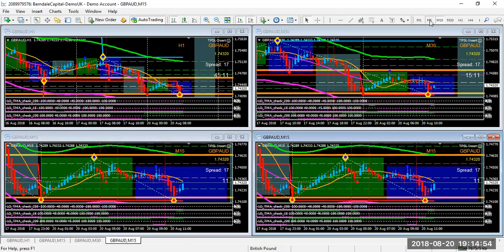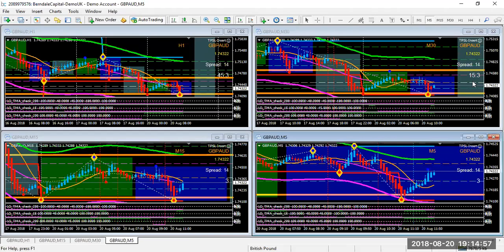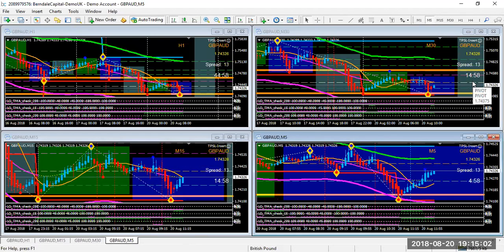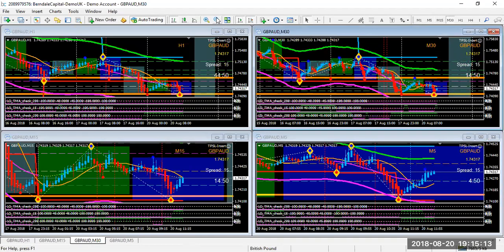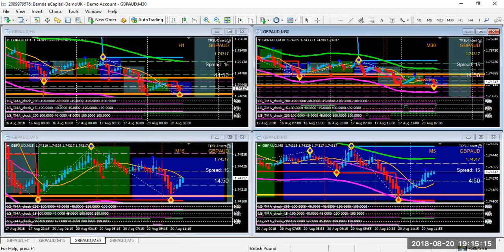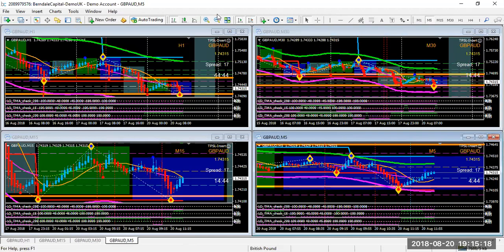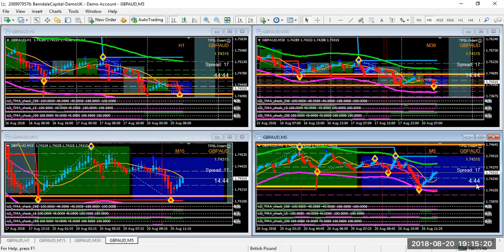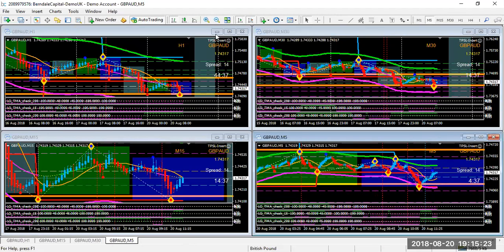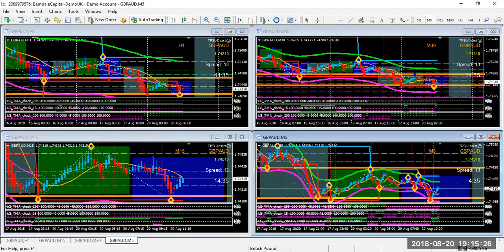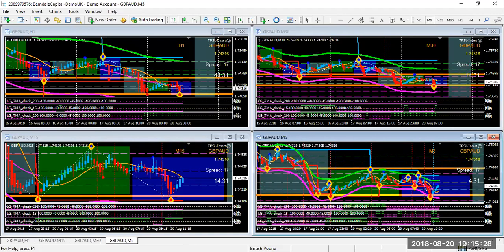Okay. So the one thing you can notice from my screen is that the pivot lines are constant and the same lines in every time frame, but you can see that the reversal for each time frame gives you is different, because a 5-minute reversal is smaller than a half an hour, smaller than an hour.